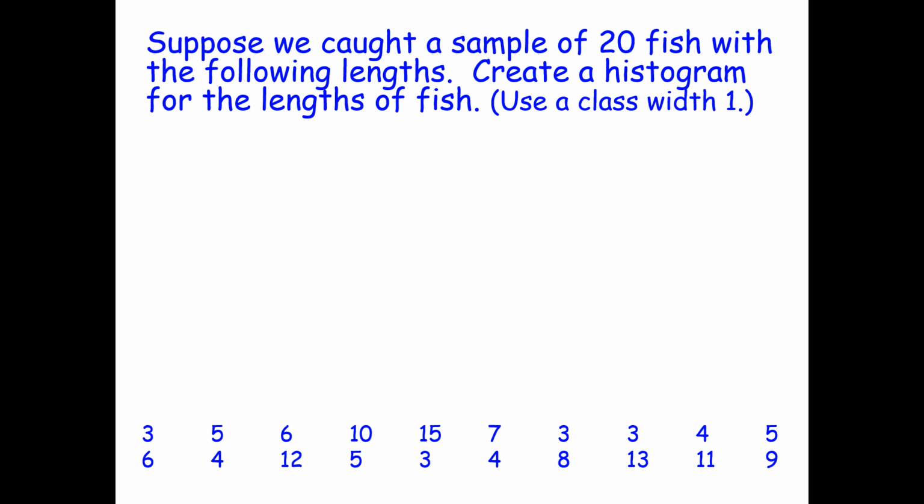Notice how they've changed. So we're going to create a histogram for the lengths of the fish, and again we're going to use that class width of 1. So go ahead and do that, and then when you're done, push play, and let's see if it's right.